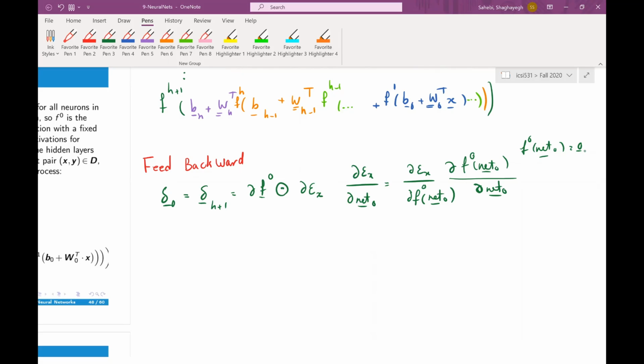So if the outputs are independent from each other, the derivative of FO of net O is going to be a vector.